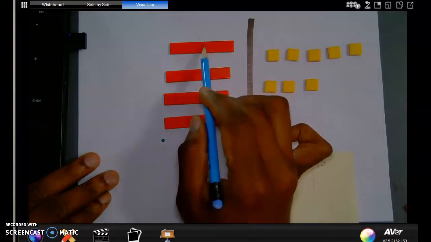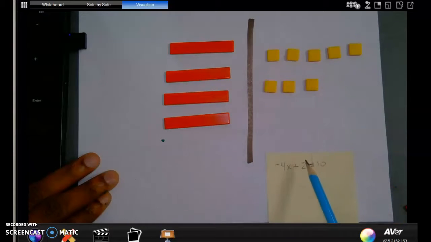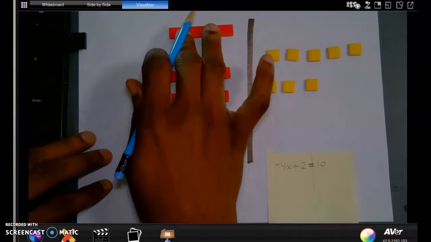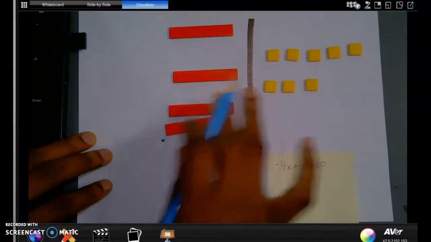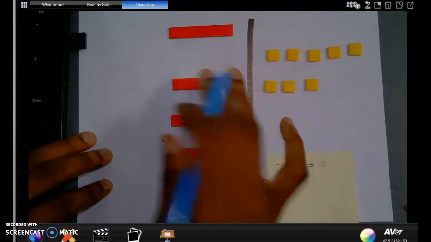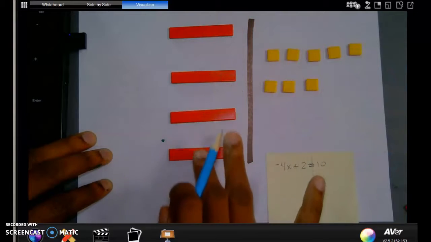Negative 4x is equal to 8. Okay? So when I need to go ahead and solve for this, I want to go ahead and attach a certain number of my ones, or the numbers on this side of the equal sign, to each of my negative x values.